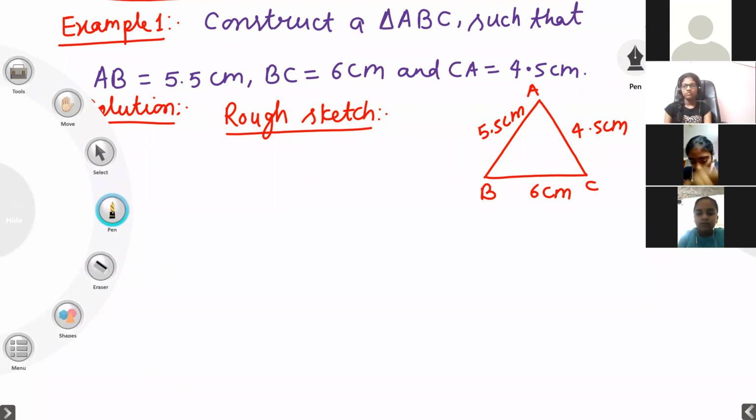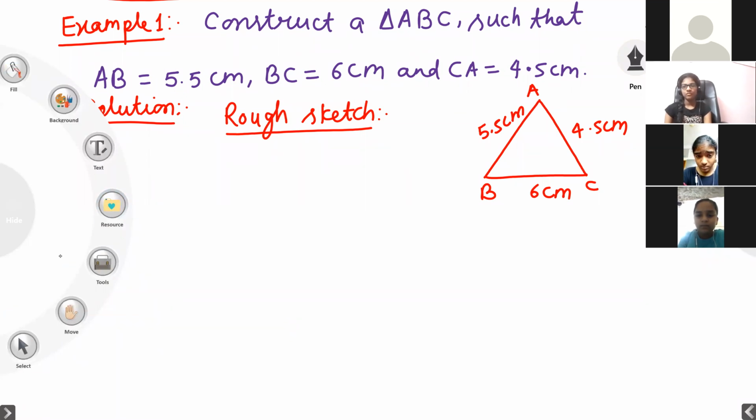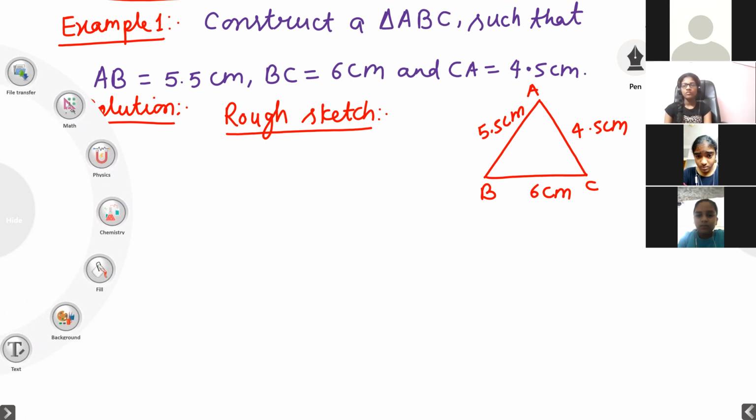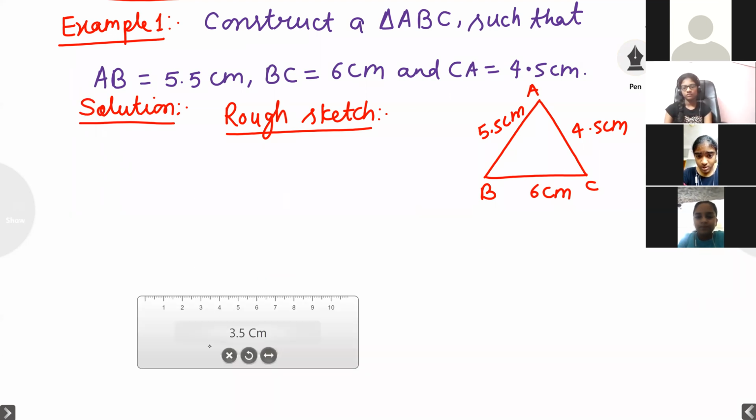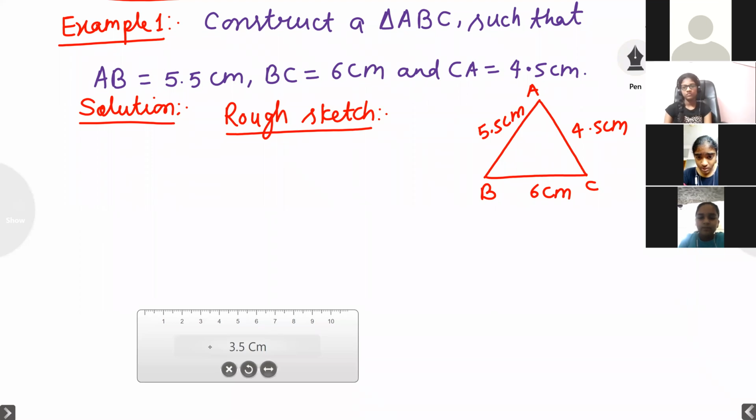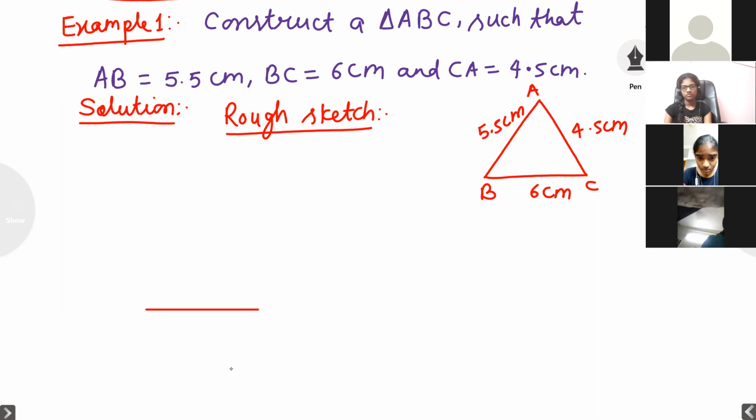Firstly, I want to draw line segment BC equal to 6 centimeter. With the help of scale, I have drawn 6 centimeter.